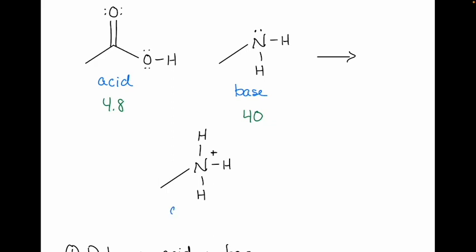So this is my conjugate acid. Then I'm going to make my conjugate base by taking my acid molecule. Since acids donate protons, I'm going to remove this hydrogen and replace it with a lone pair, decreasing the charge by 1. So this is now my conjugate base.